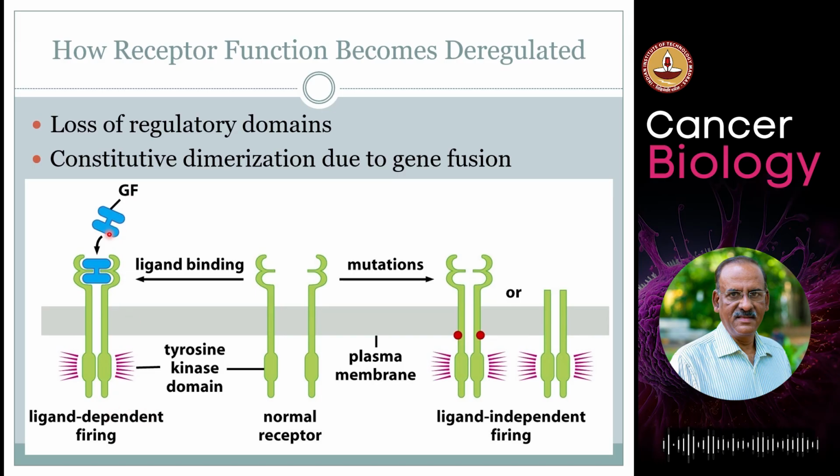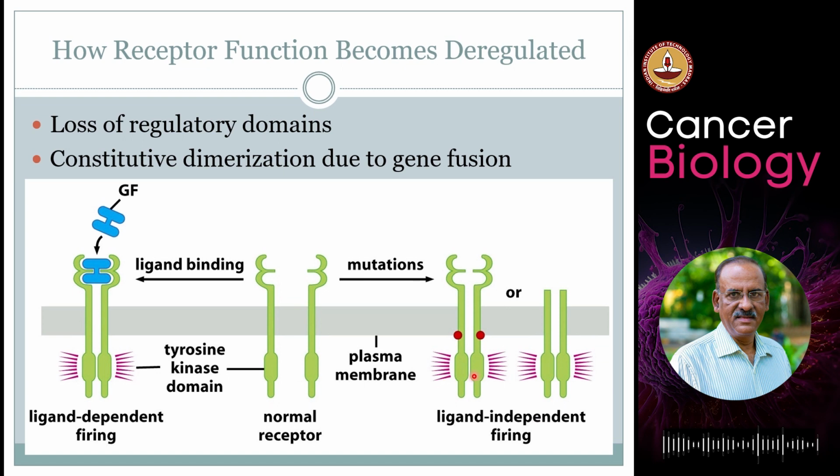So generally they require a ligand for firing the signal, but if some mutations or overexpression or deletion of the regulatory domain happens, then there can be ligand independent firing of the signal.